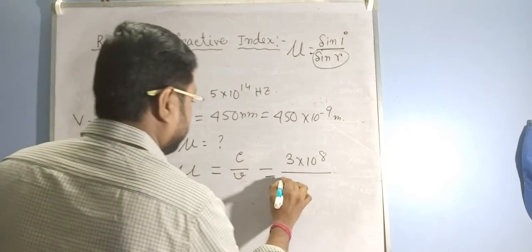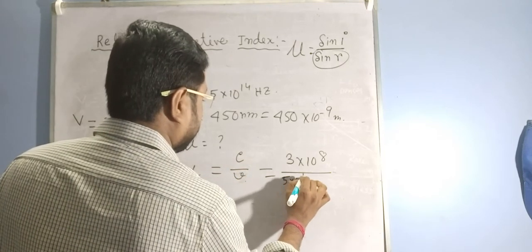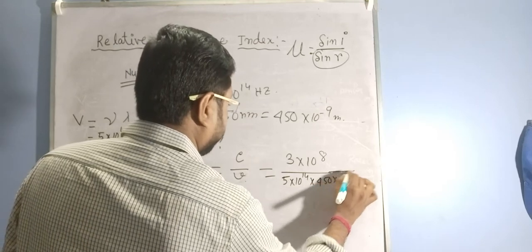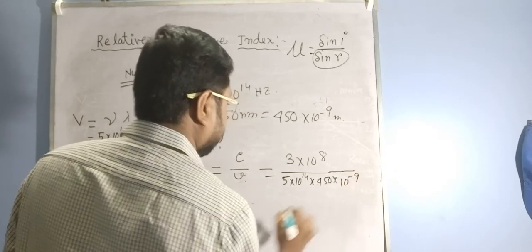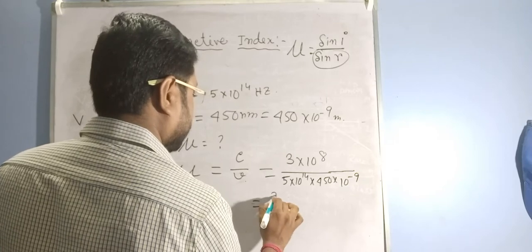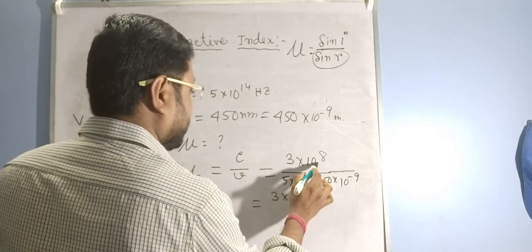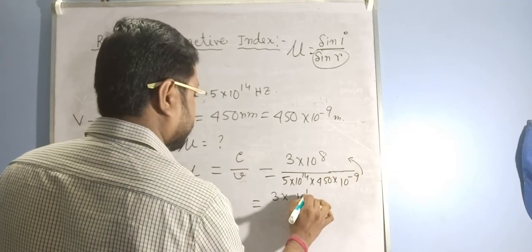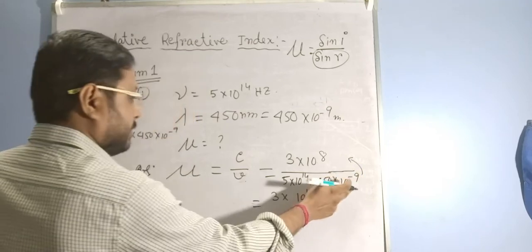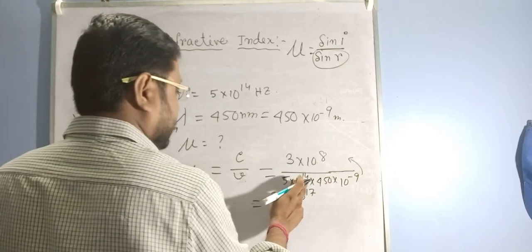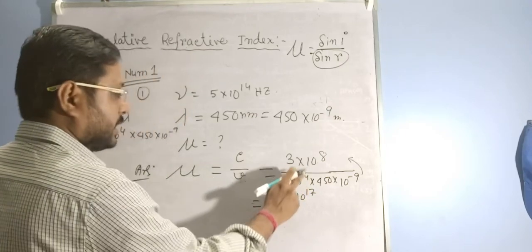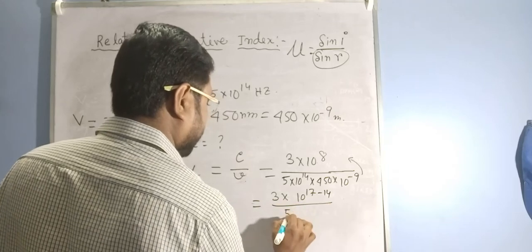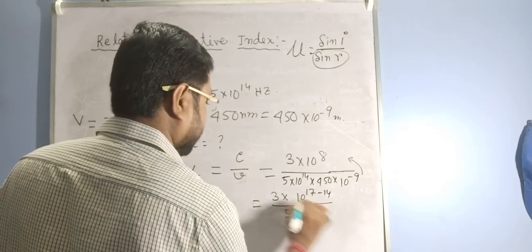We can put the values: 3 into 10 to the power 8 divided by 5 into 10 to the power 14 into 450 into 10 to the power minus 9. The 10 to the power minus 9 goes to the denominator as 10 to the power 17 in the numerator, then 10 to the power 17 minus 14, divided by 5 into 450.